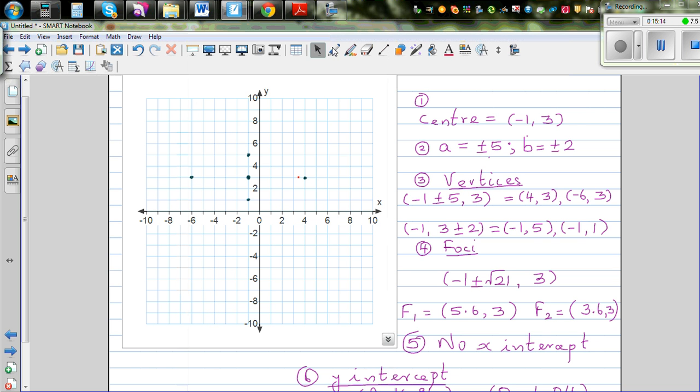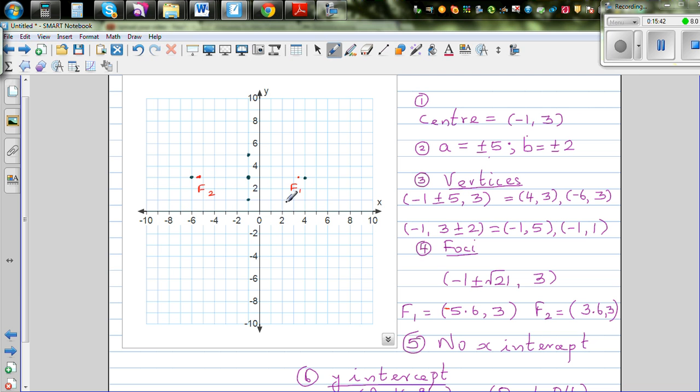Yeah, that was right. So this is minus 5, you go 1, 2, 3, 4, 5. So this is minus 5.6 here. This is your one focus, which is F1, and this is my F2.